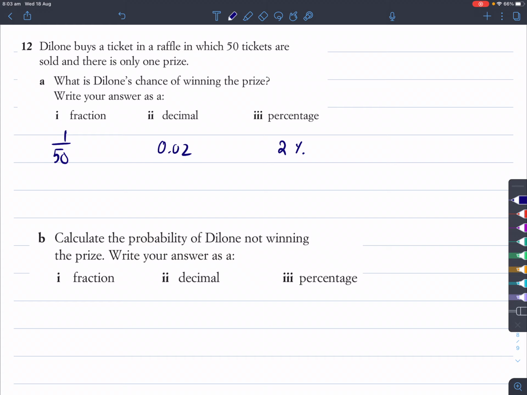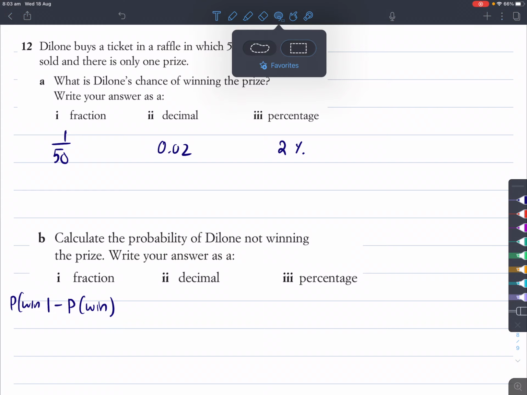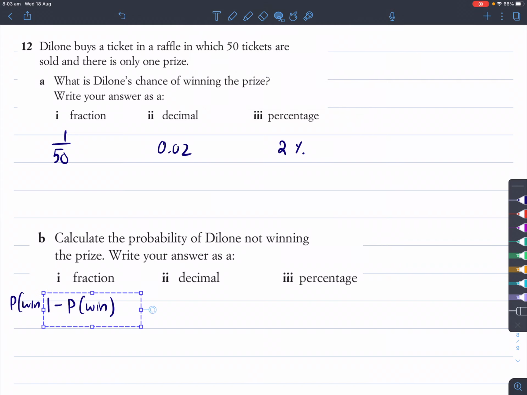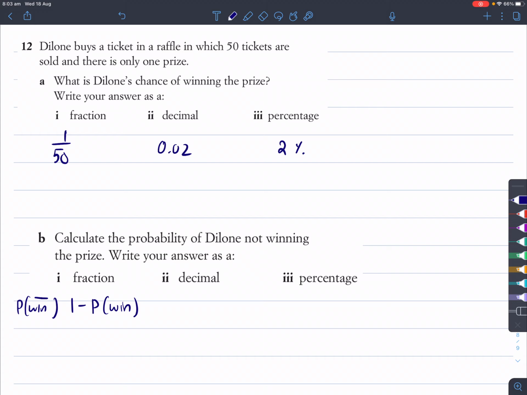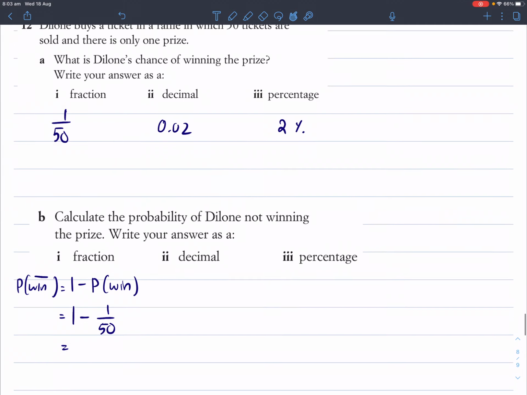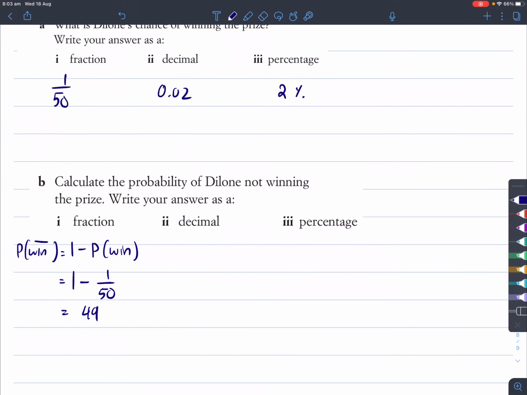So the probability of not winning is 1 minus the probability of winning, and that's equal to 1 minus what we've got in the first part, which is 1 out of 50. And that would equal 49 out of 50.